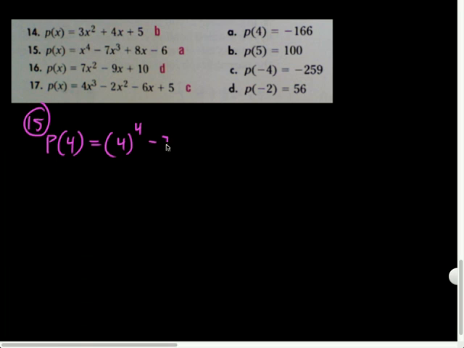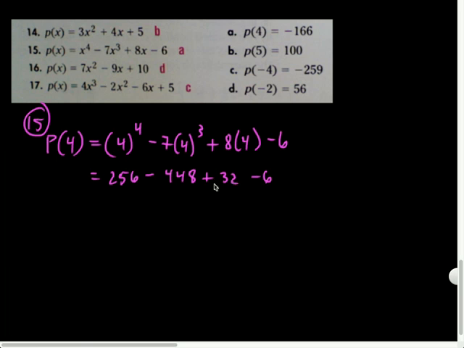So 4 to the 4th minus 7 times 4 to the 3rd plus 8 times 4 minus 6. And I'm just going to simplify this. 4 to the 4th, is that 256? That it is. Oh, what do you know? 4 cubed is 64 times 7 is 448, and it would be negative. Plus 8 times 4 is 32 minus 6.